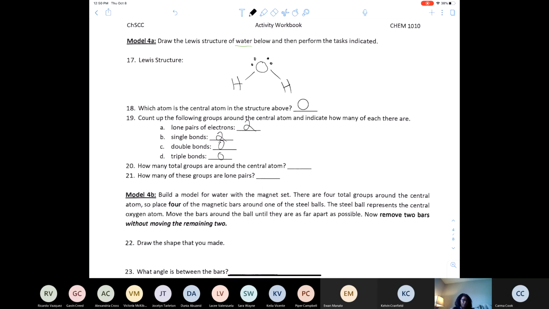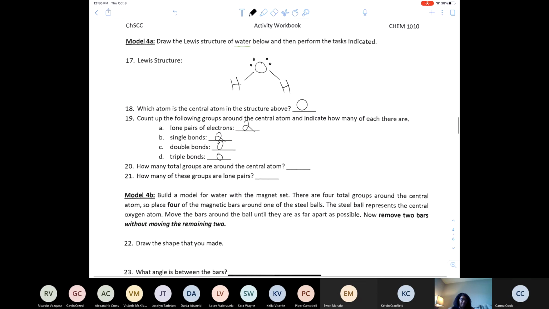So how many total groups around that central oxygen atom? Anyone? 4. How many of these 4 are lone pairs? 2 of them. Very good.